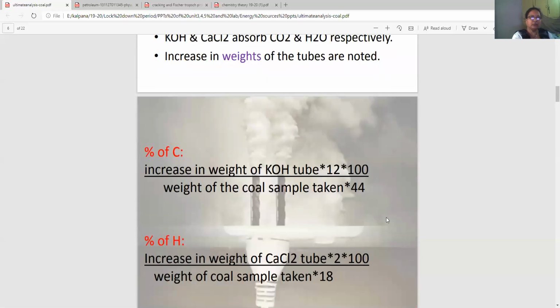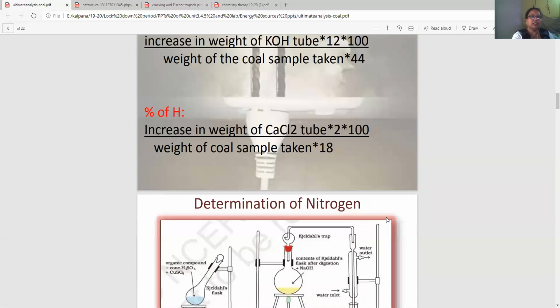Similarly, for hydrogen, we have increase in the weight of calcium chloride tube into 2 into 100 by weight of coal sample taken into 18. So 2 is for hydrogen, 18 is for water. And because absorption is taking place in the calcium chloride tube, there will be an increase in its weight.